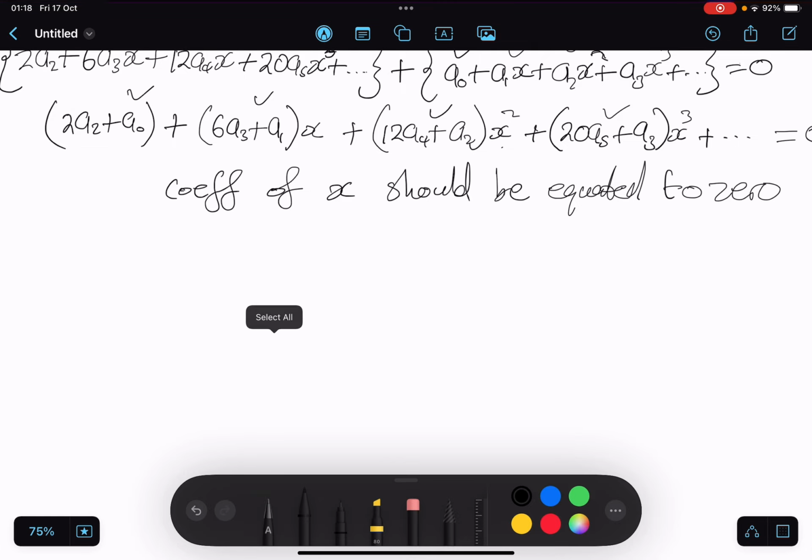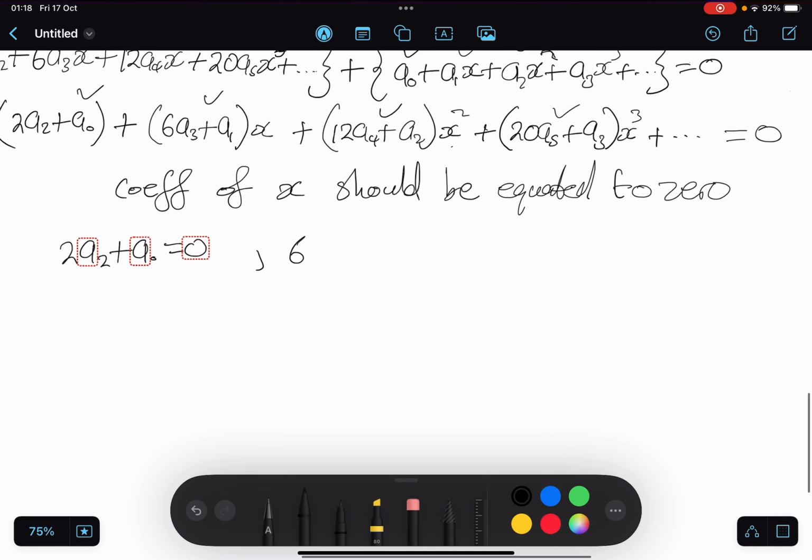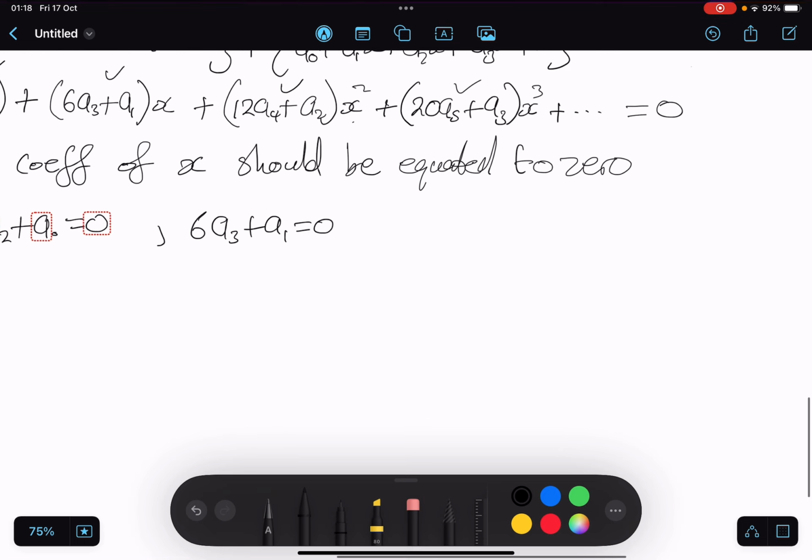So you're going to have 2a2 plus a0 is equal to 0. We are also going to have 6a3 plus a1 is equal to 0. We are also going to have 12a4 plus a2 is equal to 0.